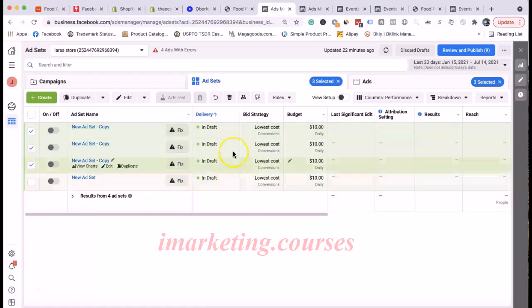Because you duplicated 3 times plus the original, that's 4 total. You'd be spending $40 towards that interest. So now you're spending more money towards the interest, but you're breaking it apart between ad sets, which may allow you to scale better.